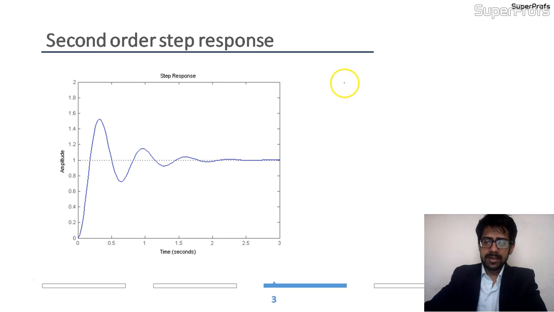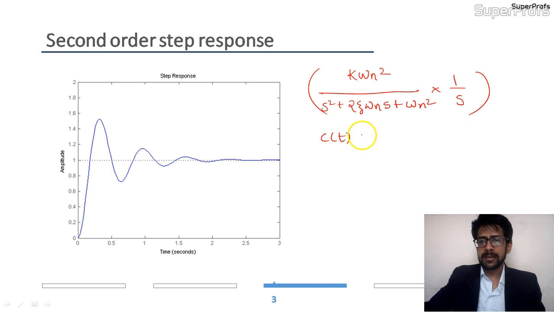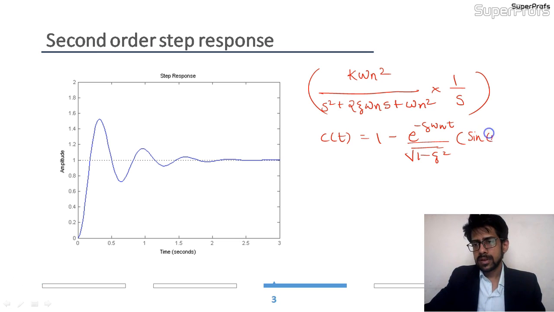As we already described, for a second order system of model k into omega n square upon s square plus 2 zeta omega n s plus omega n square, which when subjected to the unit step input whose Laplace transform is 1 by s, solving this function gives us c of t equal to 1 minus e raised to minus zeta omega n t upon root of 1 minus zeta square into sine of omega d t plus theta.